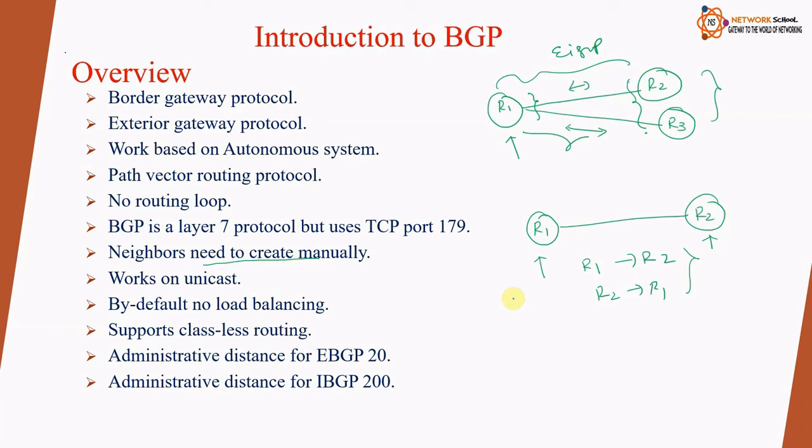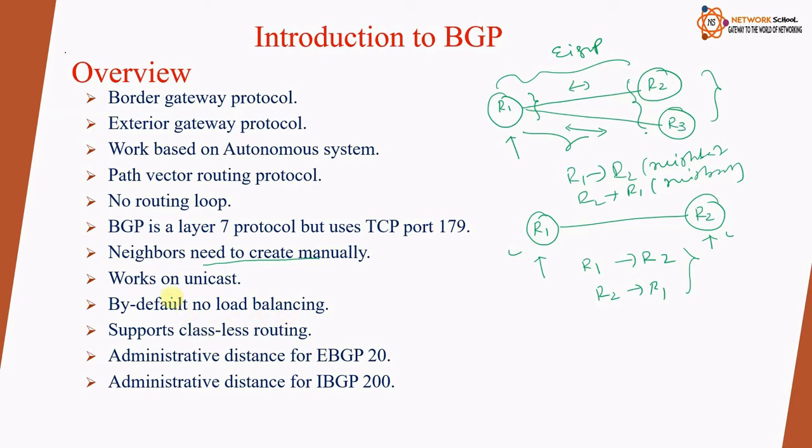But in BGP, we have to go to the consecutive routers, let's say R1 and R2, and specify that R2 is your neighbor, and go to R2 and specify that R1 is your neighbor. We have a lab session on neighbor creation and establishment between two routers, where I will do the practical and you will get more clarity about the neighbor configurations.